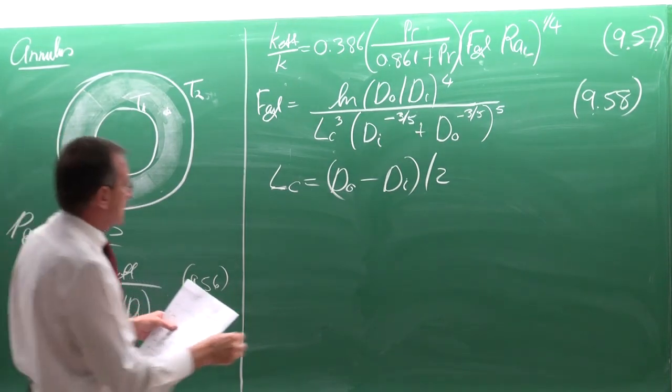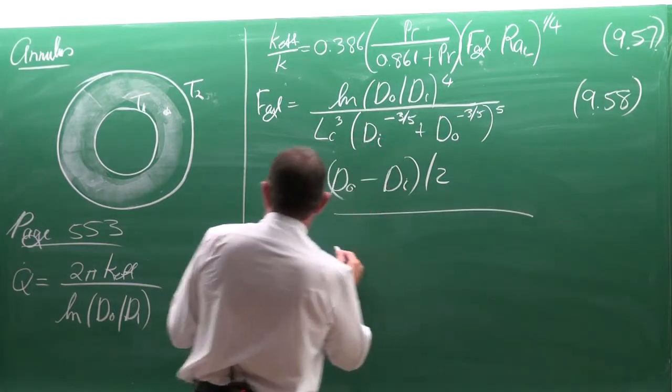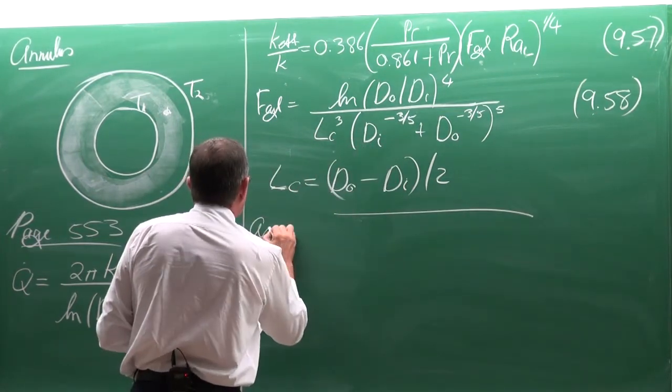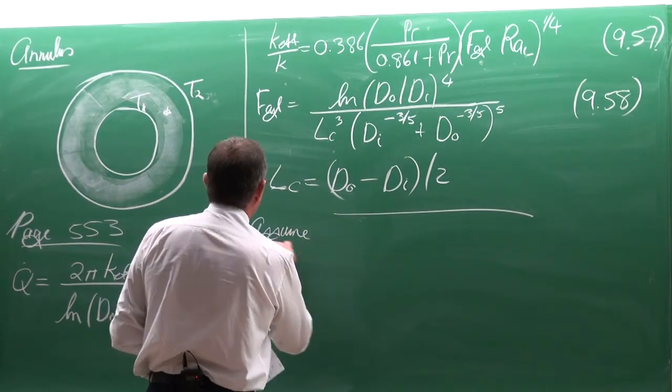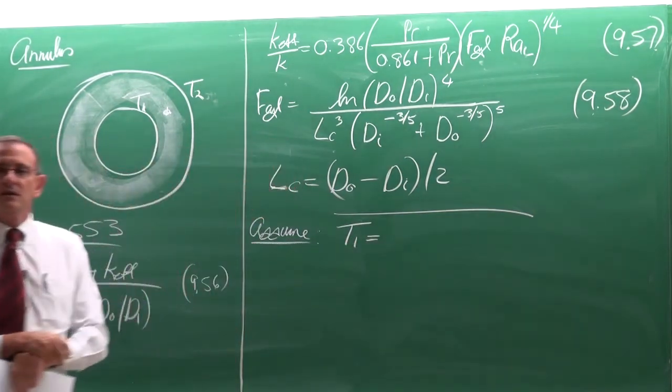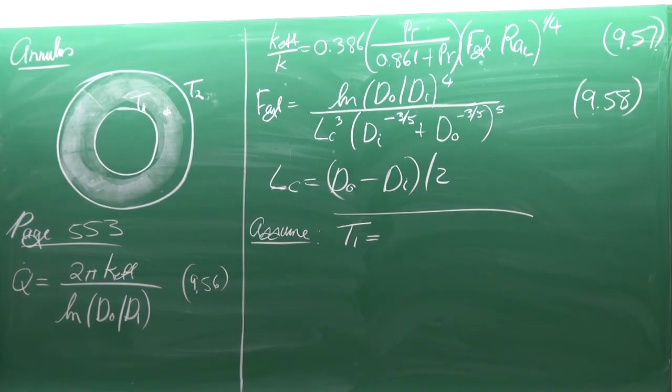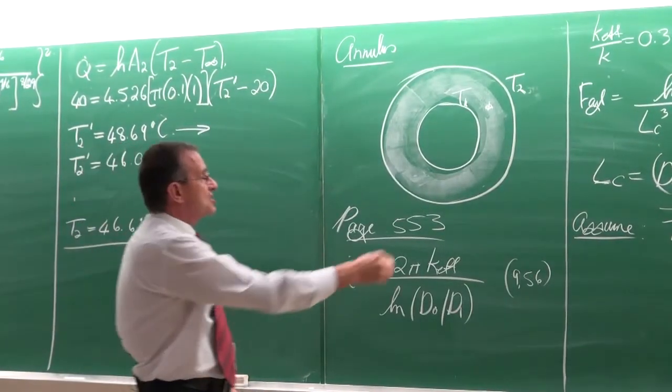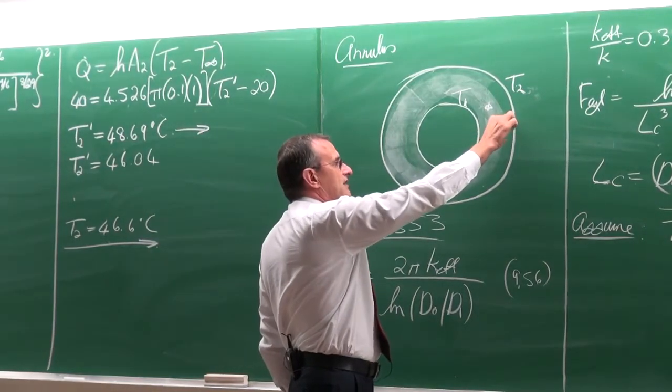Okay, so now that we know that, let's continue. I'm going to continue by again assuming the temperature of the aluminium, because we don't have it. We have determined now that the glass temperature is going to be about 47.